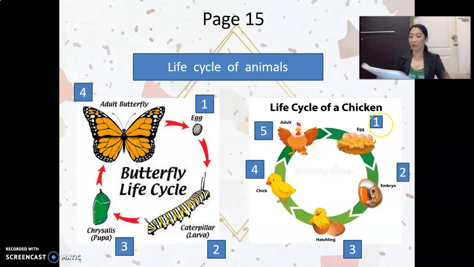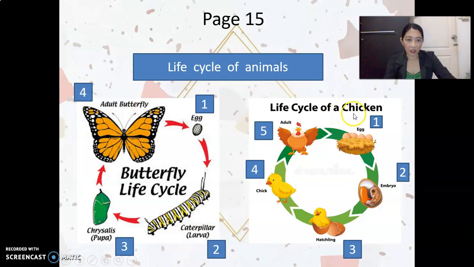Life cycles of animals. Always remember, number 1 is egg. Number 2, larva. Number 3, pupa. And number 4, adult butterfly.